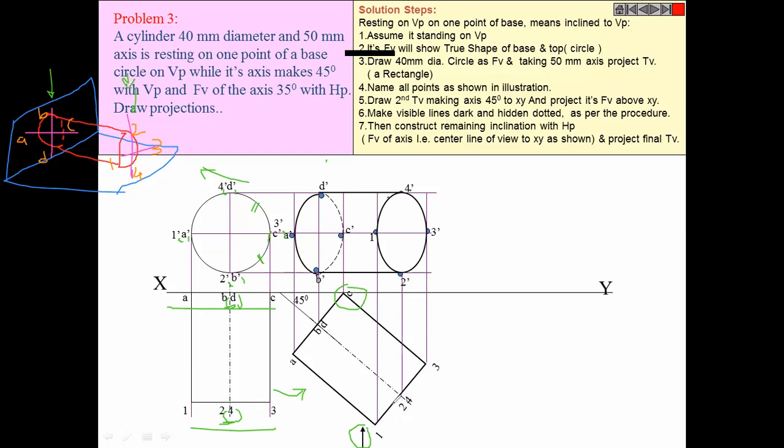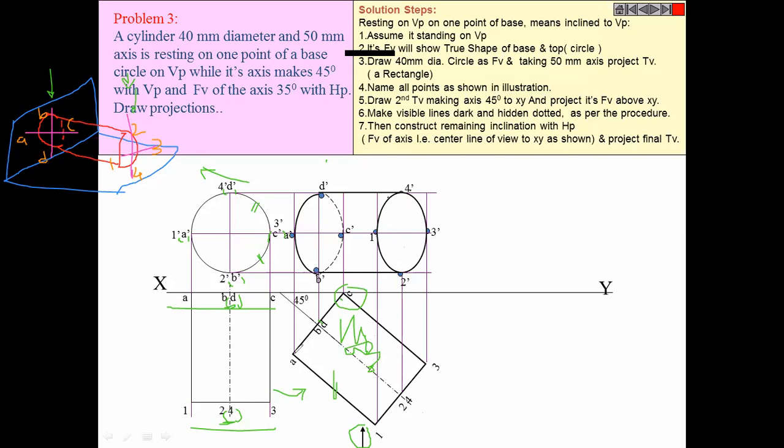What is the nearest point? 1. Everything with 1. See, on these, BD, not also BD, only D, because D is the backside. So this C and D you need to see through the solid.